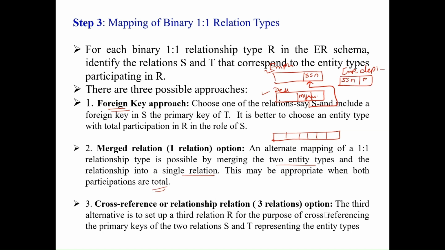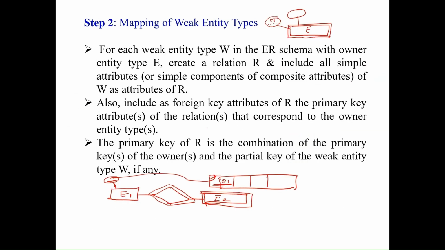So SSN and D number, where D number refers to the D number of the department table, and EMP SSN will refer to SSN. In this way, you can create three tables. So these are the three options, but the first option is the one we mostly prefer, adding the foreign key for referential integrity with the other relation, which refers to the primary key of another table.